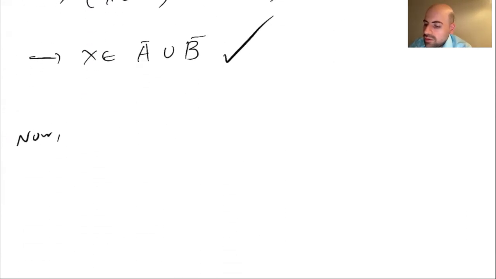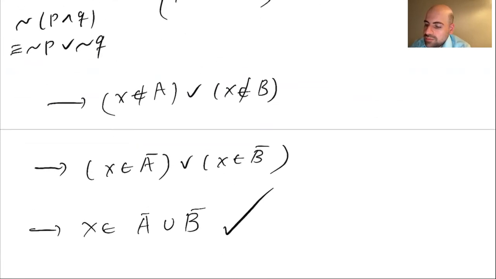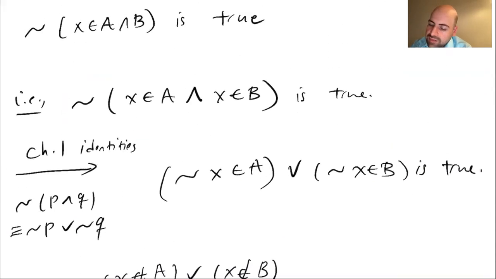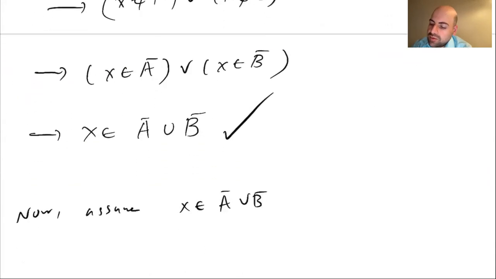Now assume X belongs to A complement union B complement. I can basically reverse these statements, right? Just go from bottom to above, the steps are reversible.